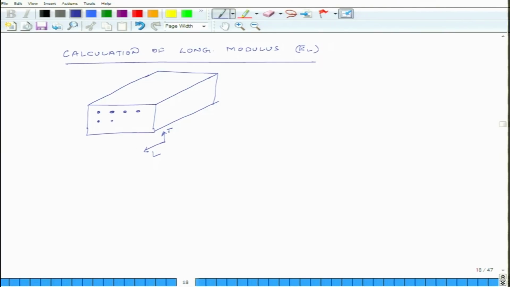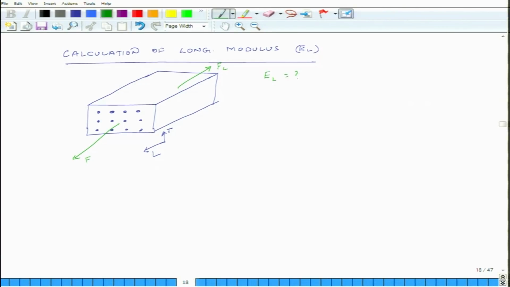So, these are all the fibers, and when I look at it from this end, I can only see their endpoints. And what I am trying to figure out is that if I pull this composite in this direction and I apply a force FL, can I compute the value of Young's modulus EL for this composite?